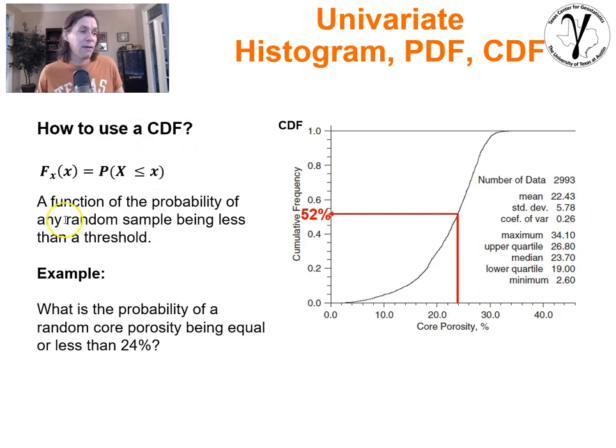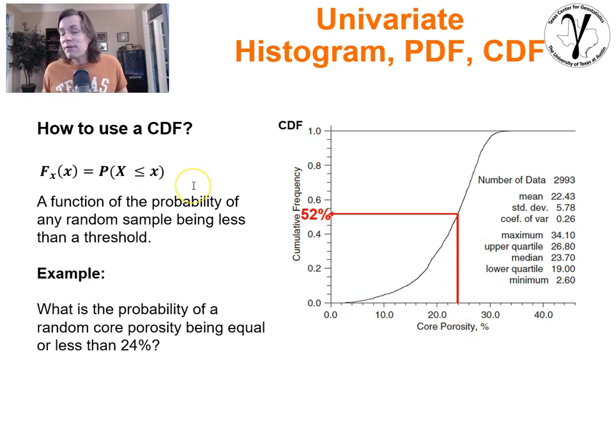So how do we use the CDF? Well, the first thing we can do with the CDF is we'll recognize that the CDF value, the F of x, so if we take a value of, say, about 24% porosity, and we go ahead and calculate its CDF value as 52%, that is the probability of a random value from this distribution being less than or equal to that threshold, to that actual data value.